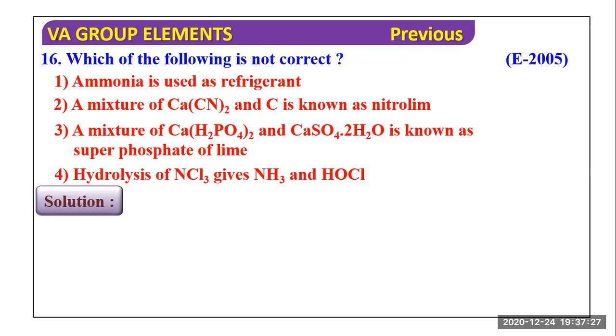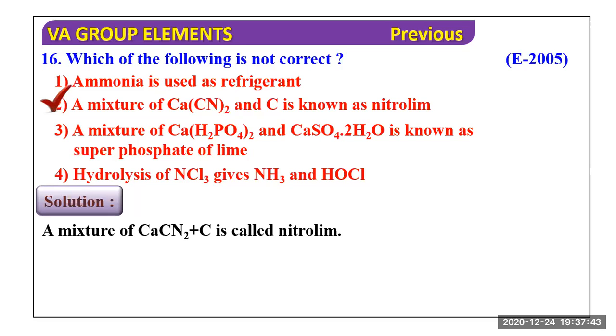CaCN2 is calcium cyanamide, while Ca(CN)2 is cyanide. So this is the nitrogen, not this. Okay. This is the cyanide and this is calcium cyanamide. There is 1 carbon and there is 2 carbon.